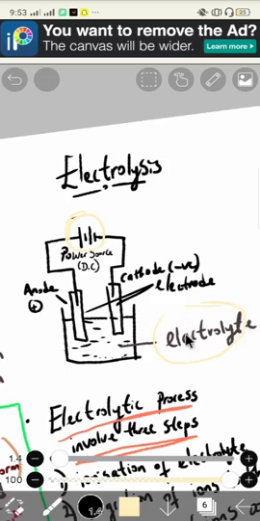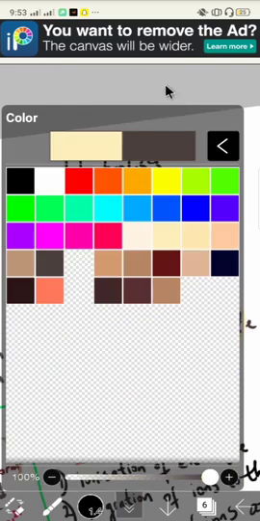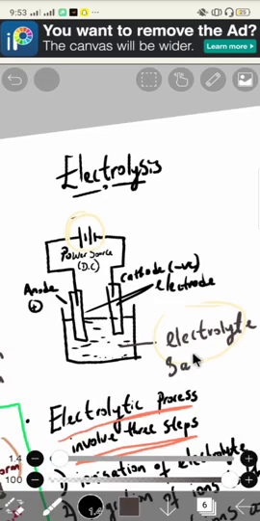You get me? So you see these electrolytes. The electrolytes are those substances that can conduct what? Electricity. Example, salt water. So salt water is an example of an electrolyte, something that can conduct what? Electricity.